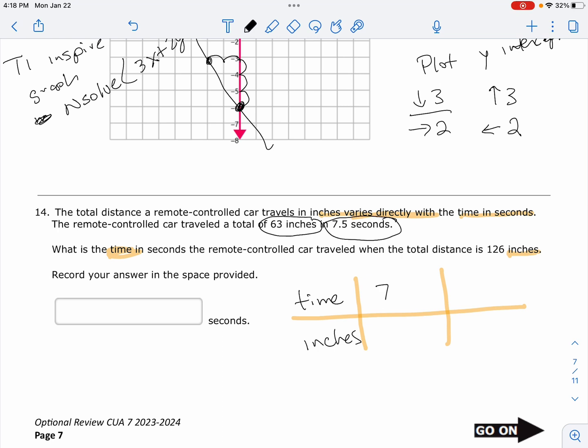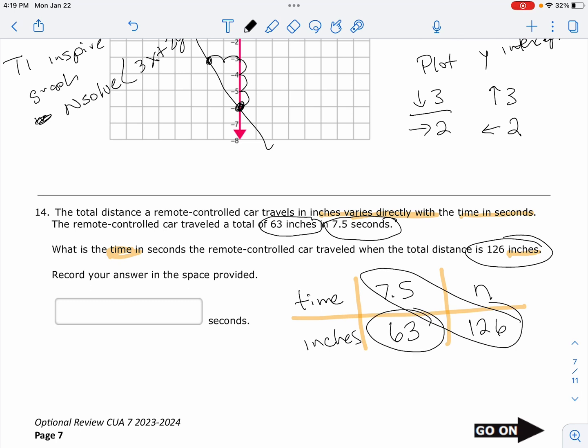Since I put time on the top, I'm going to put my 7.5 on the top. Since I put inches on the bottom, I'll put 63 on the bottom. Then they changed one thing, and they said, we're going to change your distance to 126 inches. Because of the way I've labeled mine, my inches goes on the bottom. I am solving for this. Multiply, divide.